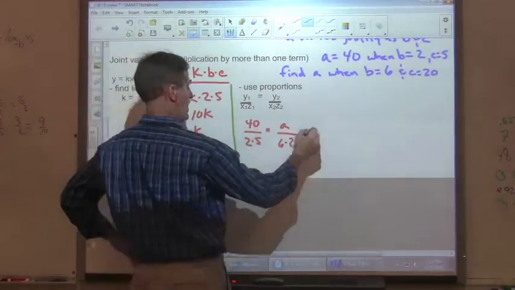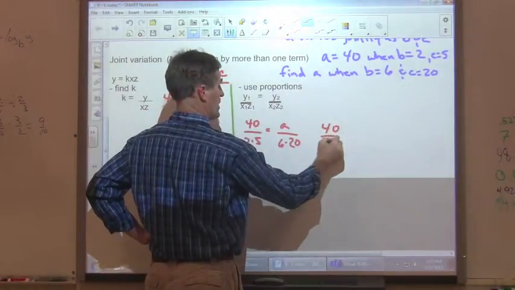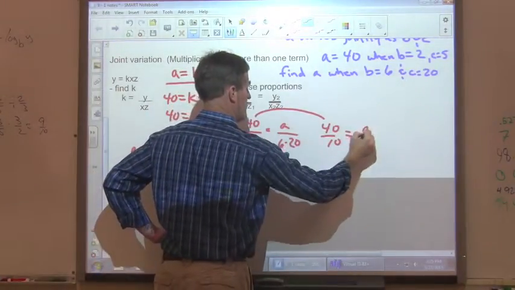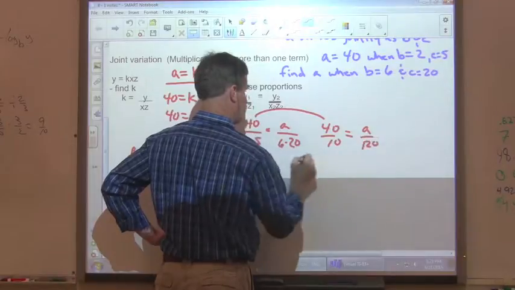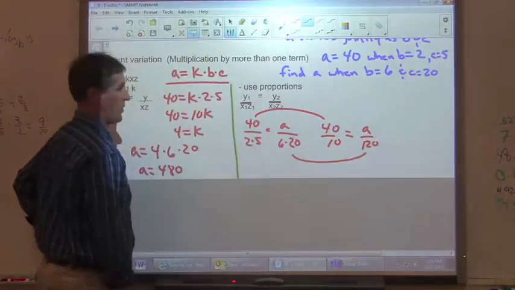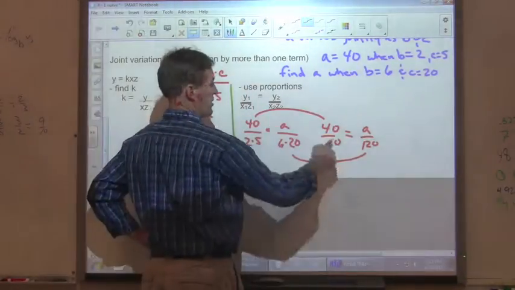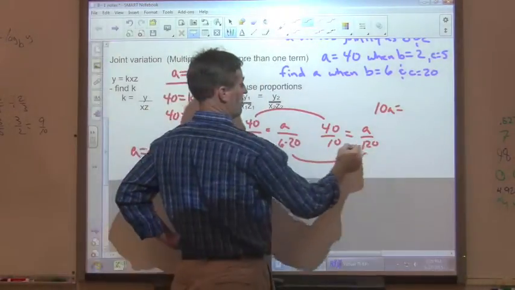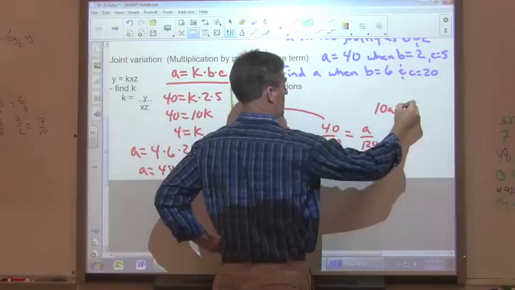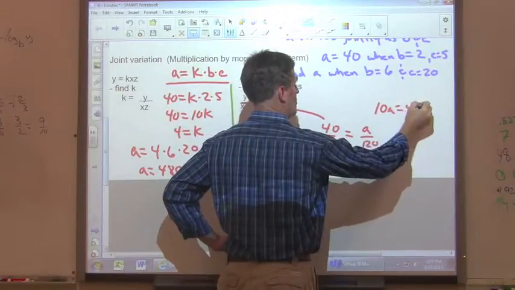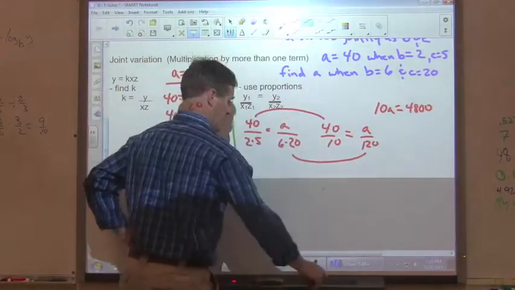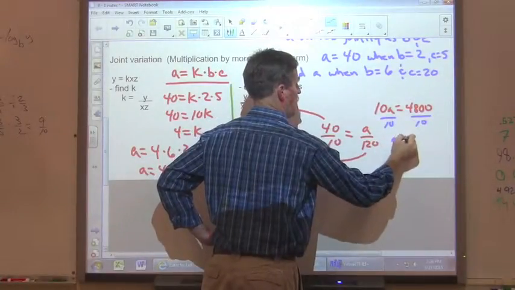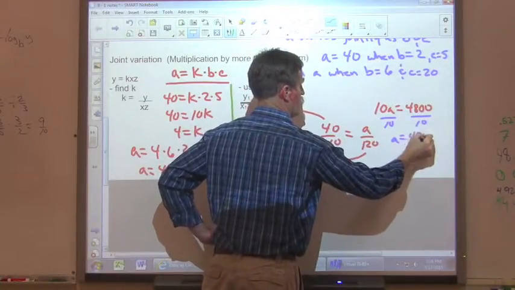This would be 40 over 10 equals a over 120. Now we cross multiply. So we get 10a equals 4 times 12 is 48, and then 2 zeros. And then we divide by 10, and we get a equals 480.